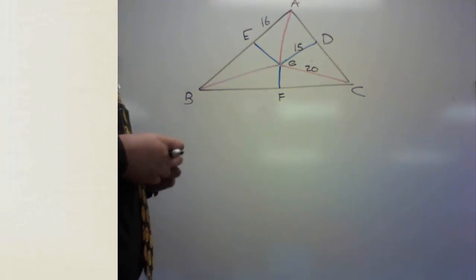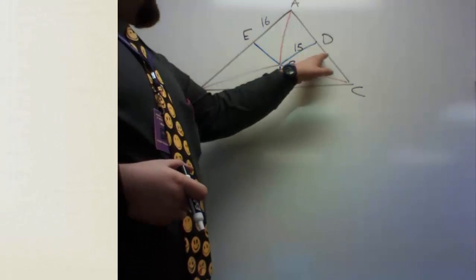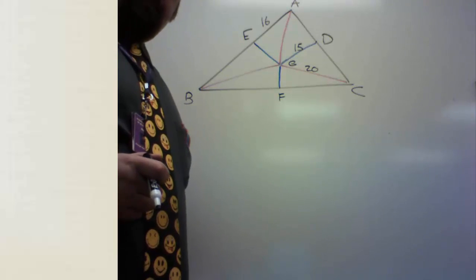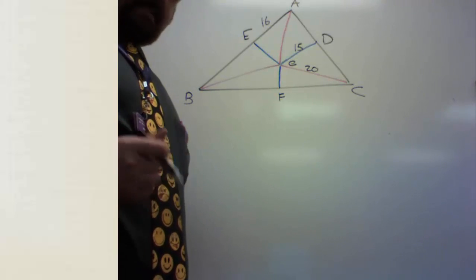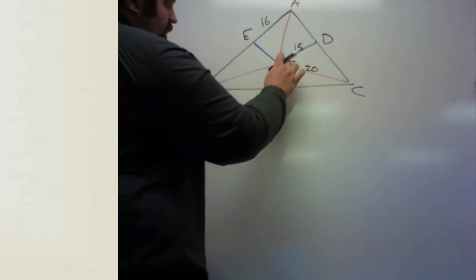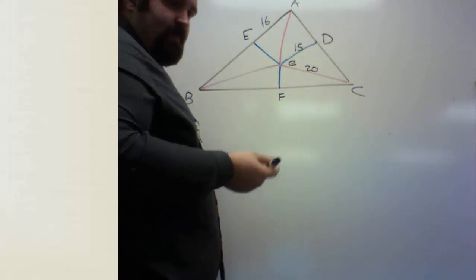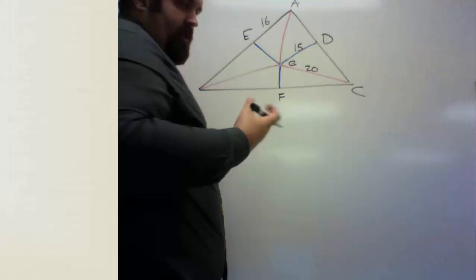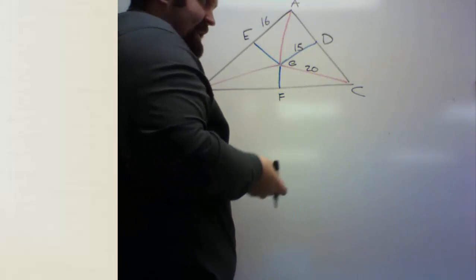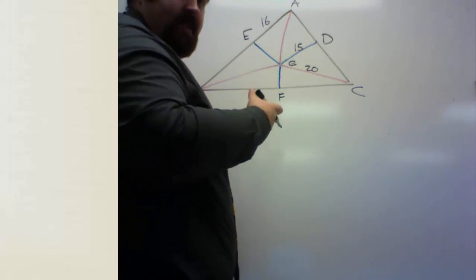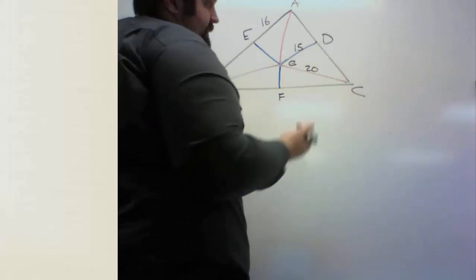So let's draw the picture. Alright, now that I have redrawn the picture, I'm going to fill in everything I know. Well, if all the blue lines are perpendicular bisectors, these could all be different lengths. However, G is the circumcenter, which means all the red lines, the lines from the circumcenter to the vertex, all have to be the same length.